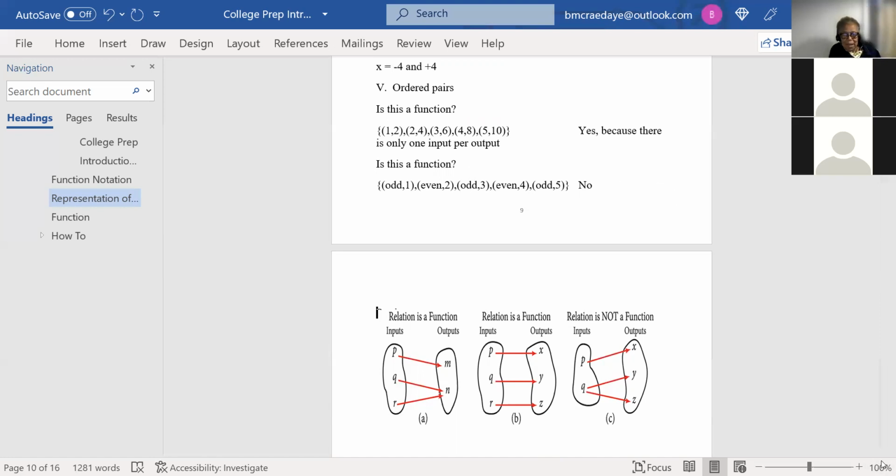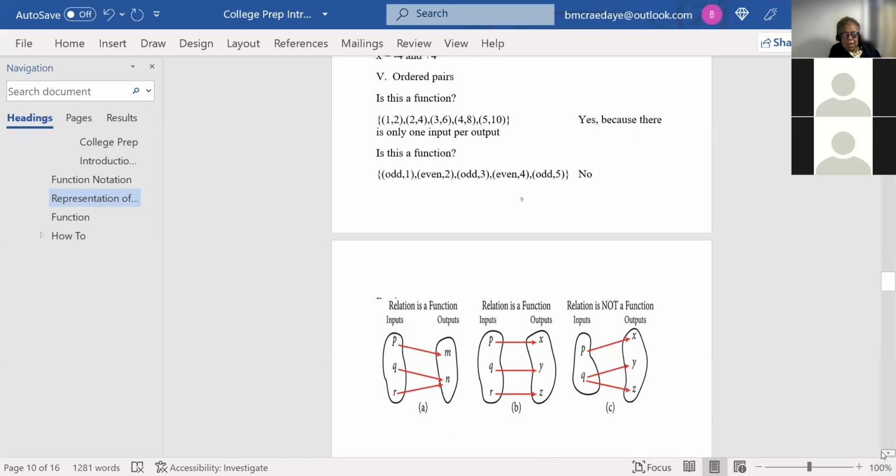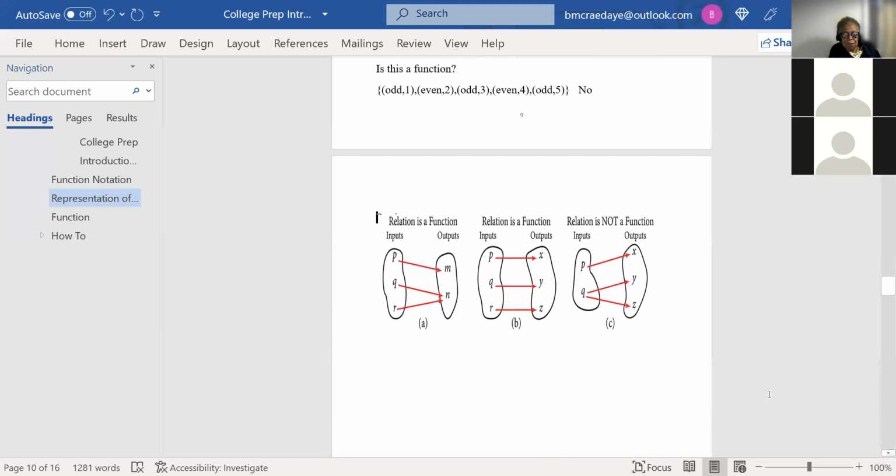Okay. Now, we said relations can be ordered pairs, right? So a function is always a relation, but a relation is not always a function.